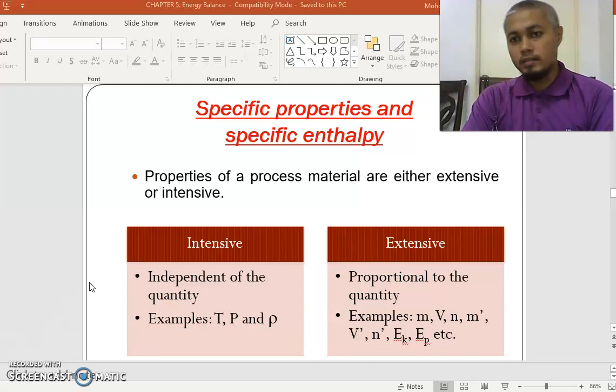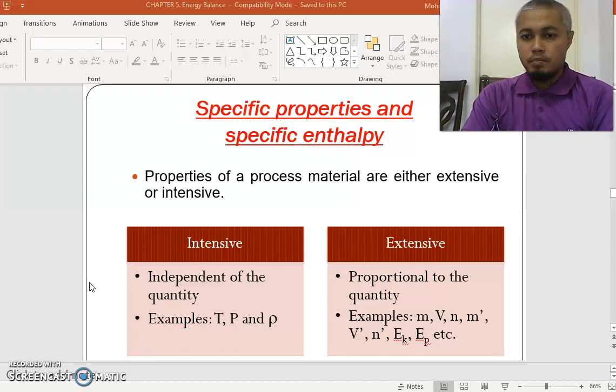Now we go to the extensive properties. They are proportional to the quantity.